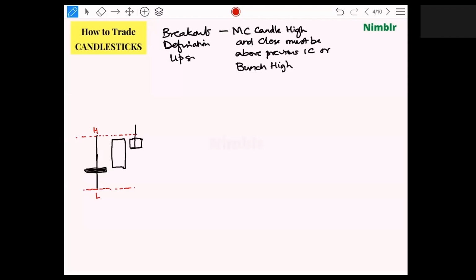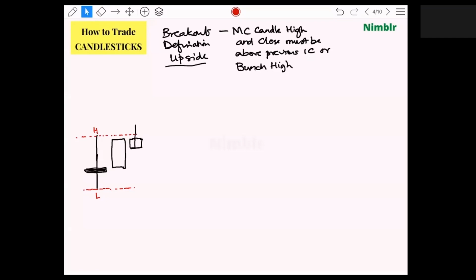And same for downside. The moment you have this kind of situation here, this high is done. Okay. So this high is done, but the close has not moved above.